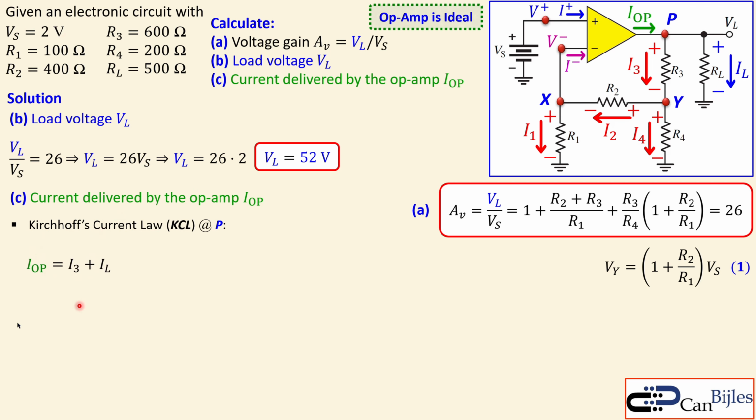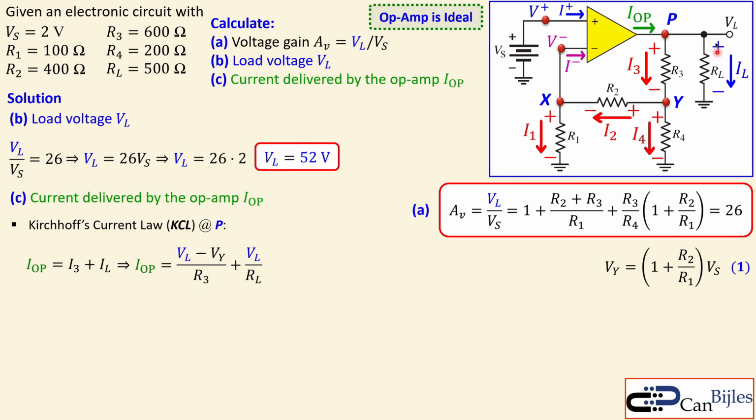That's shown here. So we can again express the currents in terms of the voltage and the resistor using Ohm's law. So I3 is VP or VL minus VY over R3, and the load current is VL over R load, which is shown here.